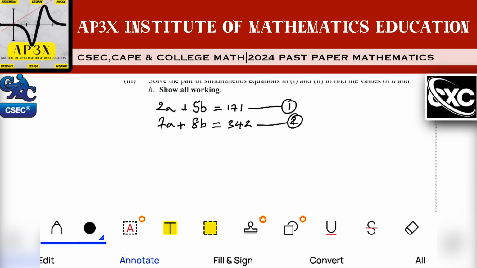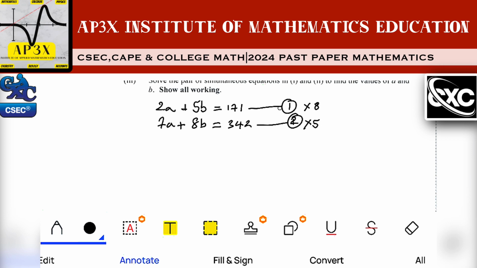So of course, with equation 1 and equation 2, my objective here is to eliminate one of the variables. In fact, I'm going to be eliminating the middle variable. So I'm going to multiply equation 1 by 8, and I'm going to multiply equation 2 by 5. And how did I get these numbers? I used the coefficient of the bottom equation to multiply the top, and the coefficient of the top equation to multiply the bottom.